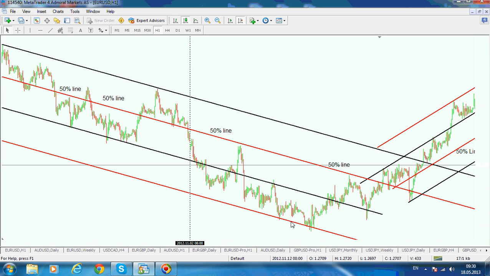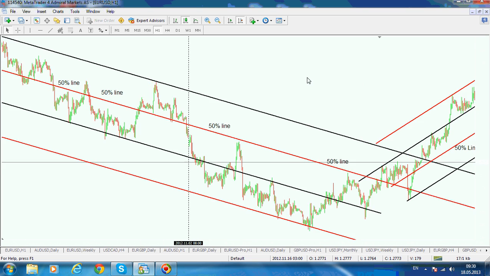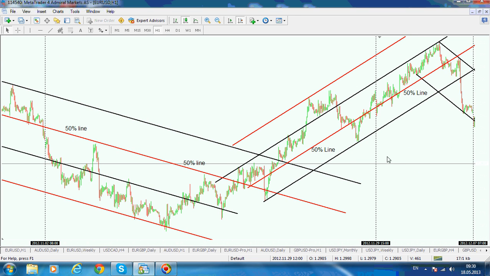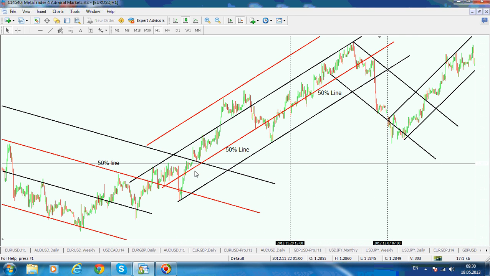If this support would have been broken, then the channel would become a new one, but this not being broken, and then price breaks to the upside. This is your channel to the upside now. The 50% line has a tendency to attract price.